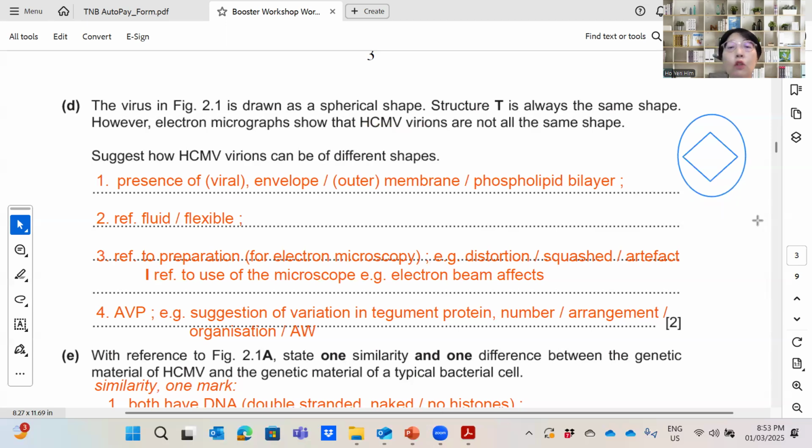Envelope made up of phospholipid. Okay. So it says that capsid is the same shape, but how come the virus shape may be different? So they are not all the same shape for the virions, means the virus, because just now in the passage, they explained to us the meaning of virions. Virions are the newly formed virus that are released from the host cell.